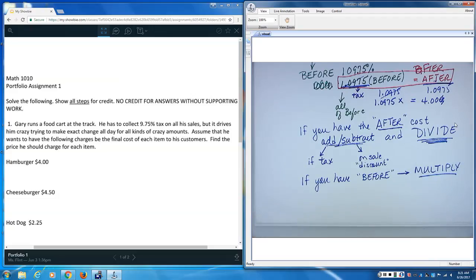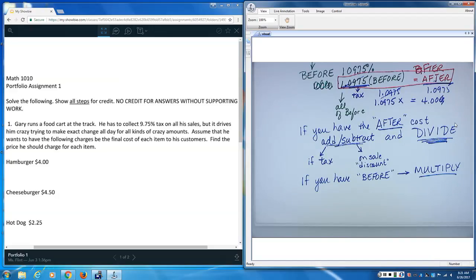So the thing to ask yourself when you go to the problem is, am I looking for the cost before they added something or subtracted something from it? Or do I already have that original price and I'm trying to figure out what my final price is? Those are the two things you have to look for.